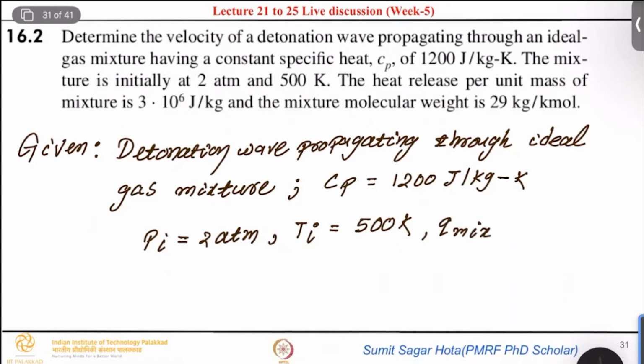Q of mixture is equal to 3 into 10 to the power 6 joule per kg.